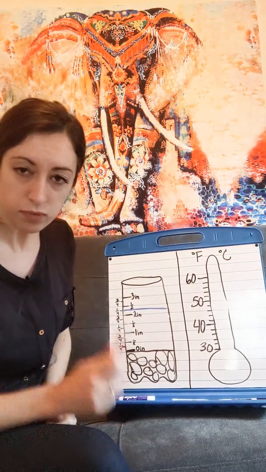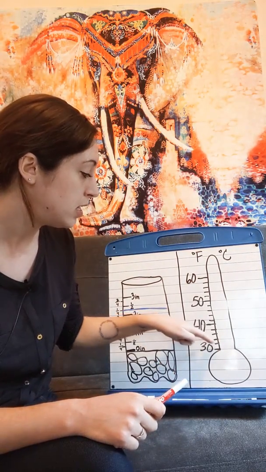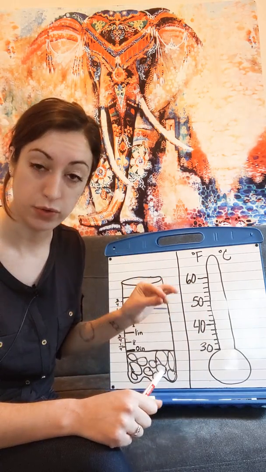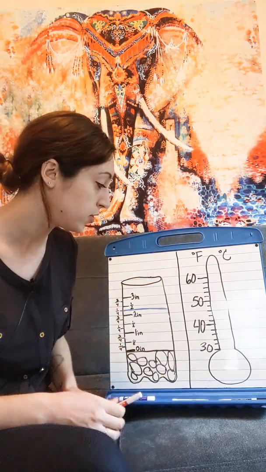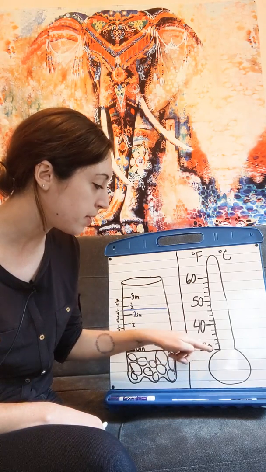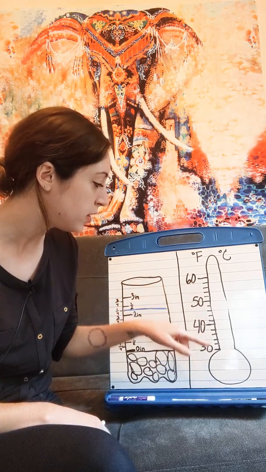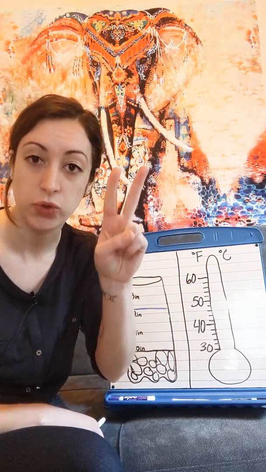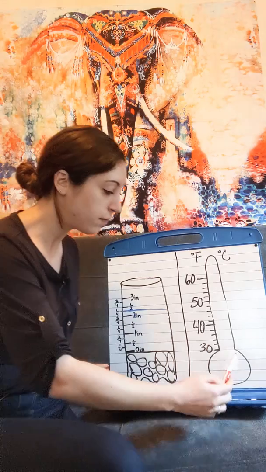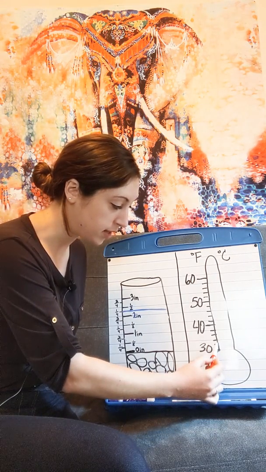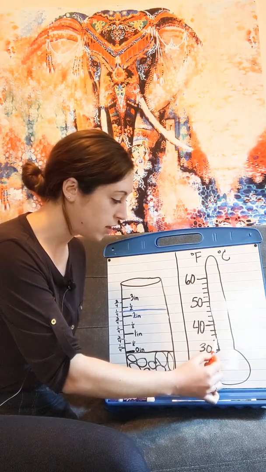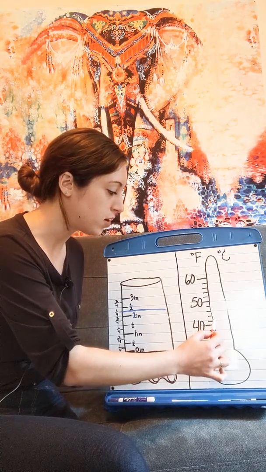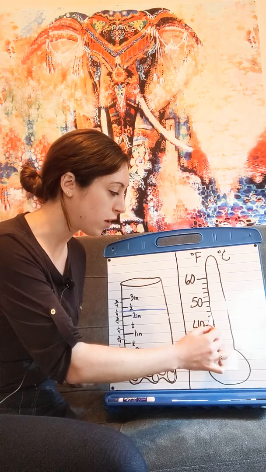Now, I'm going to give you a little hint. There's not a line for every single degree. So this is what you do. When we're looking at the thermometer, it's going to count up. Each dash is going to represent 2 degrees. So if I start from 30, then this is 32, 34, 36, 38, 40, 42, 44.